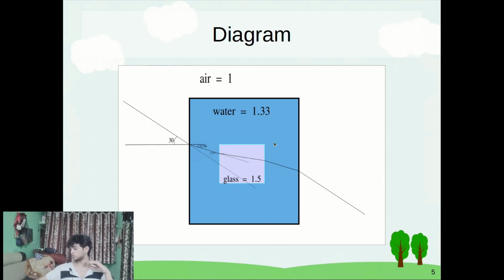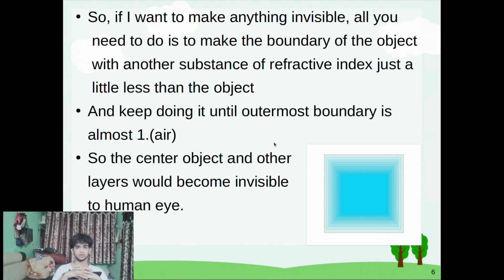So the idea was, okay, if I want to make something invisible, maybe a red color or a blue color glass, what I can do is make its boundary with a material whose refractive index is just a little less than that of the object, and I keep on doing that.